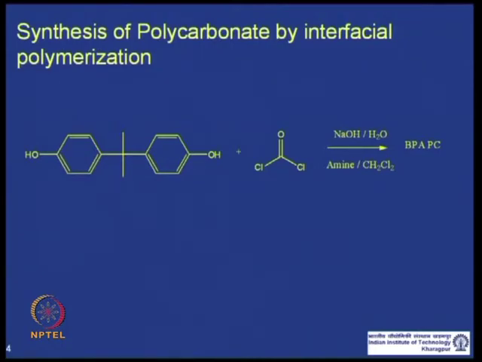For example, the majority of polycarbonates are synthesized by this interfacial polymerization. Bisphenol A is the monomer, and this is phosgene. Bisphenol A is taken in aqueous sodium hydroxide solution and phosgene is passed through an organic solvent, in this case methylene chloride, forming BPA polycarbonate. Now, what is the mechanism?